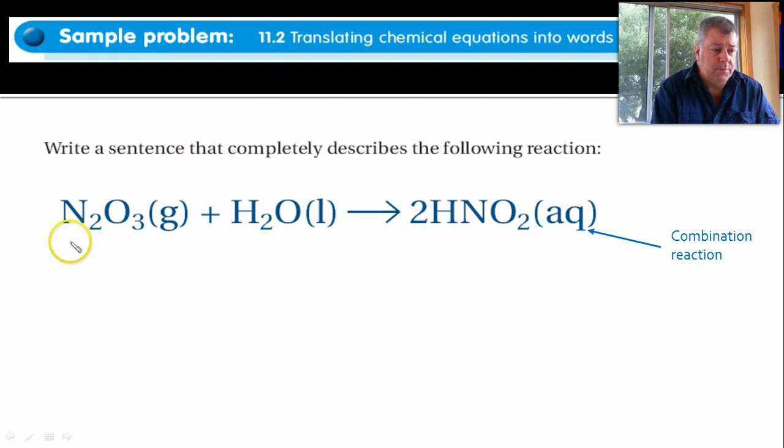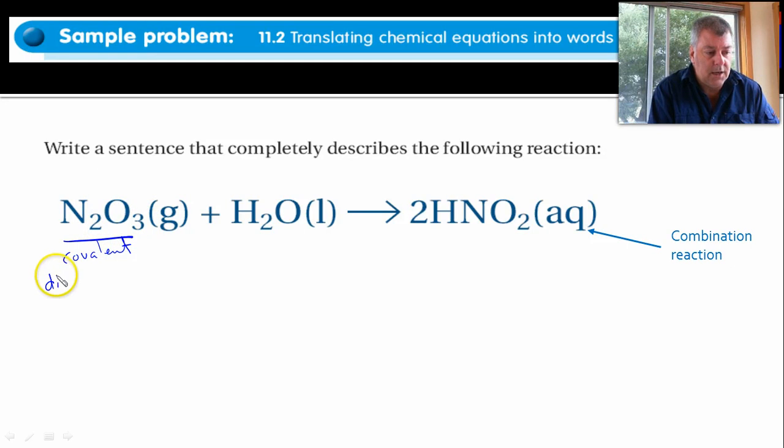Now this would be referred to as a covalent substance because it's two nonmetals joined together. And so the way that we name nonmetals is a little bit different from how we name ionic substances, and we'll do that when we do the specific bonding types. But when we have covalence, we use prefixes to tell us the numbers.